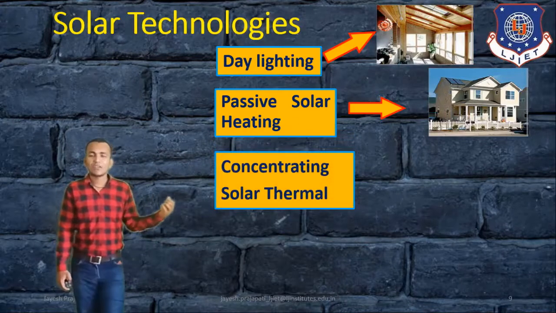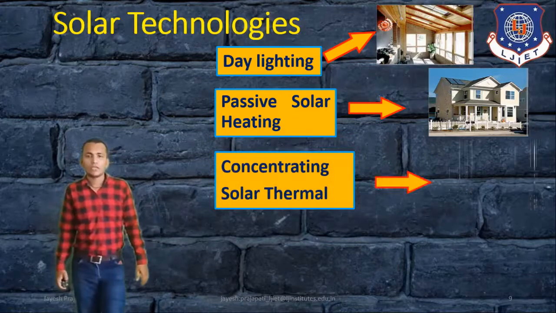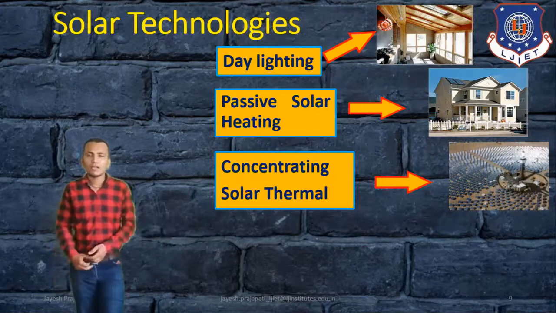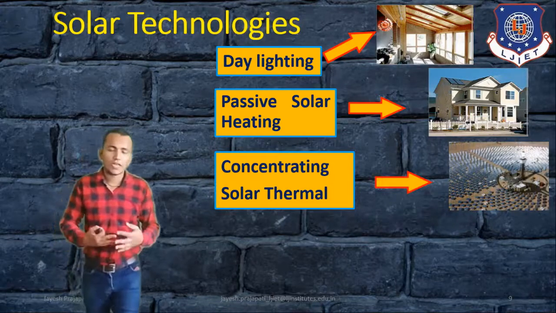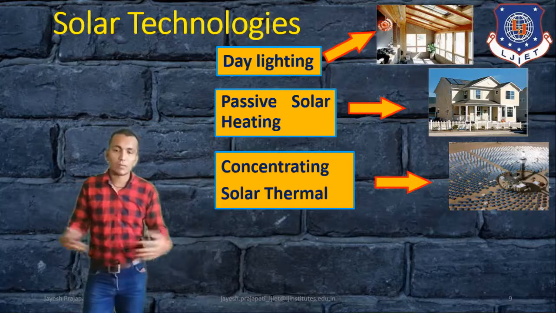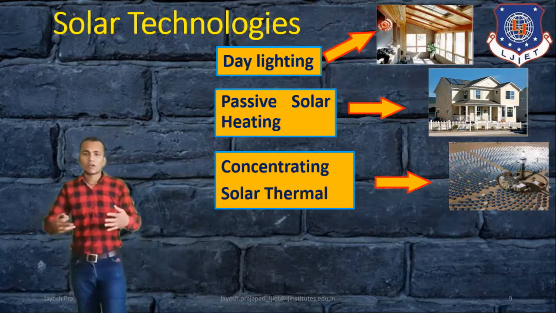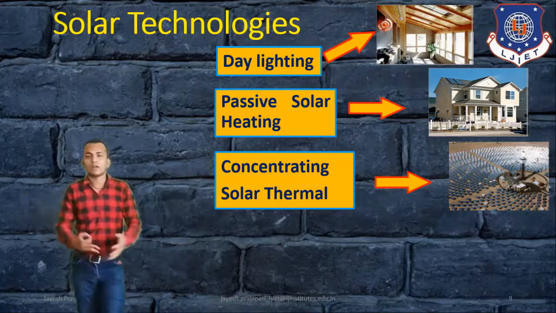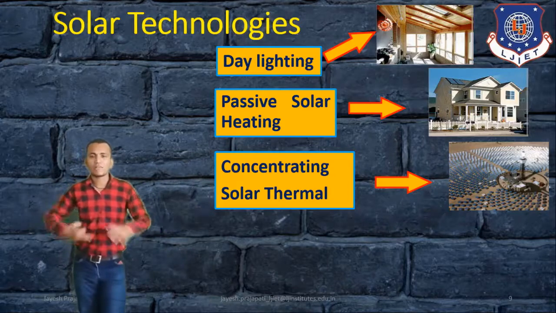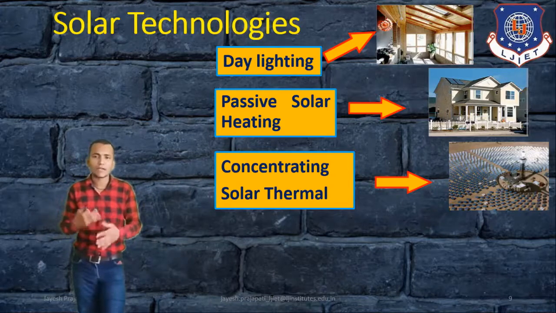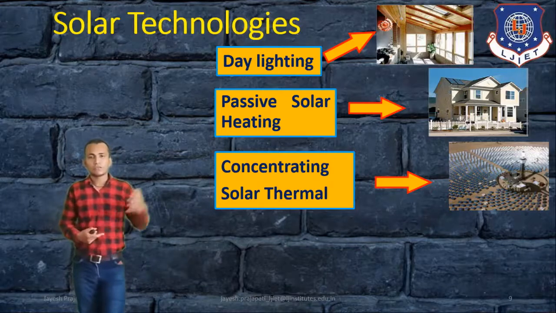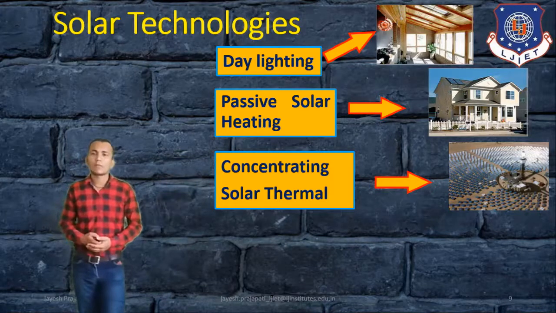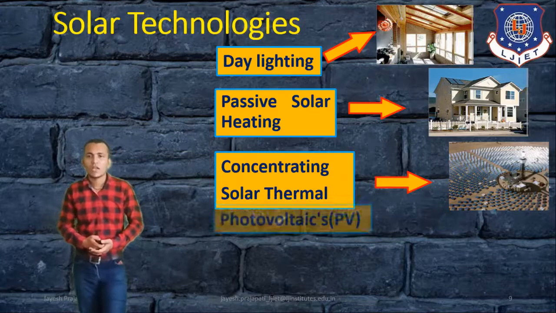Then concentrating solar thermal. Whenever we make a plant like a thermal power plant, in this solar power plant also we concentrate many solar panels and generate energy by using them. So concentrating solar thermal is another technology.